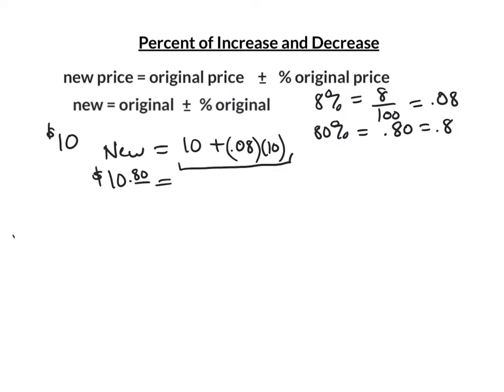So every time you buy something, whatever you buy gets increased by a percent of whatever you're buying. This is the way it works.